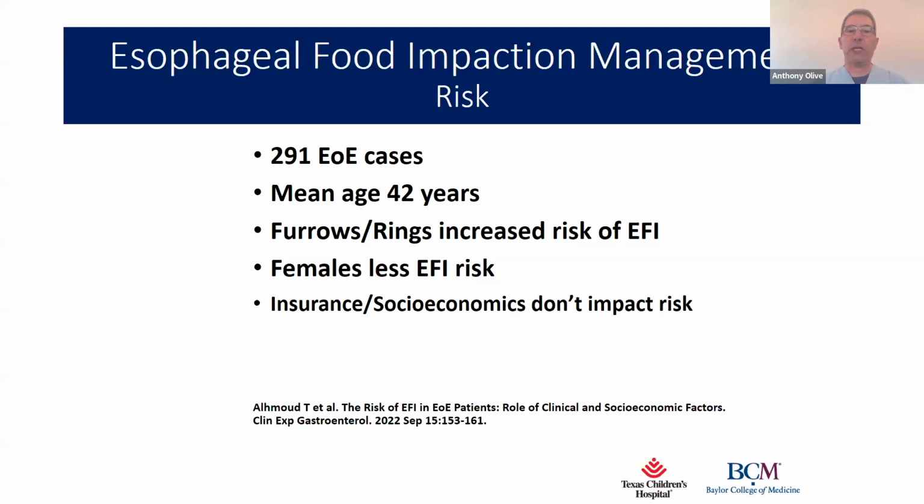Also, interestingly, insurance and socioeconomics didn't seem to impact risk, which to me is counterintuitive, and it would be interesting if that finding could be replicated, because lack of insurance would go along with individuals who are less likely to seek medical care, so it seems like those individuals would be at higher risk. But nonetheless, in this particular retrospective study, it didn't seem to make an impact.